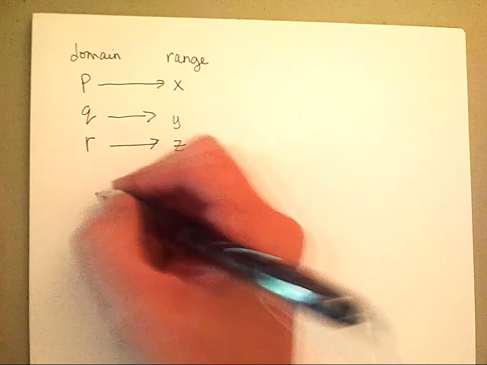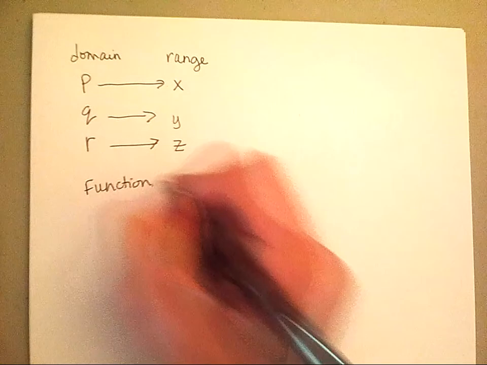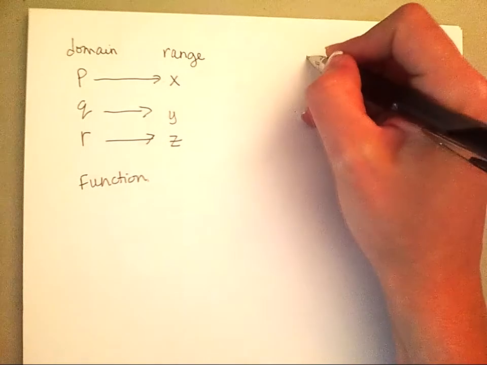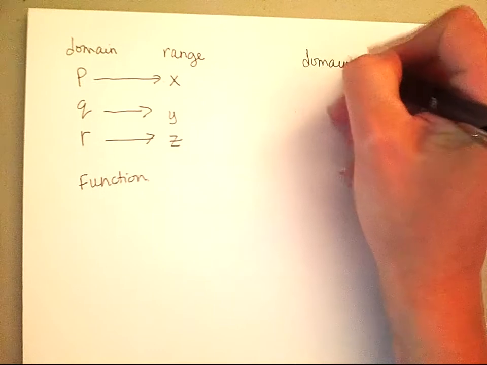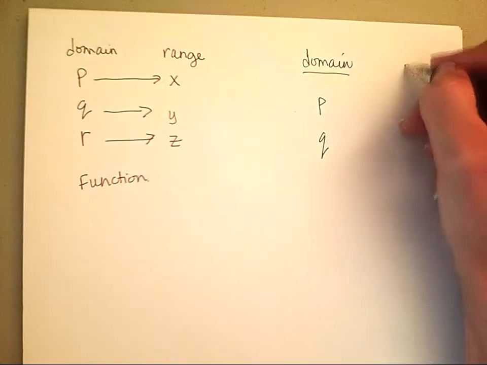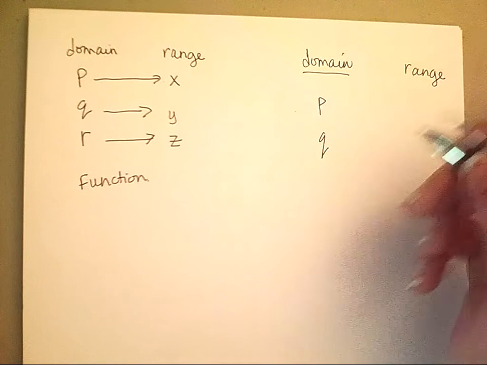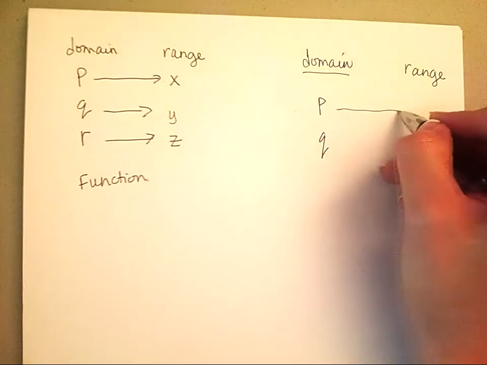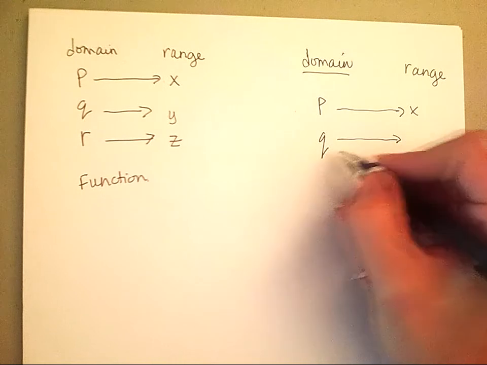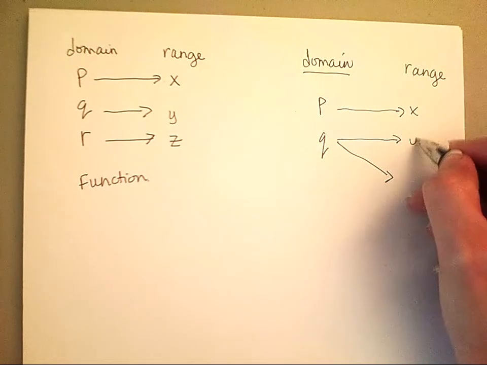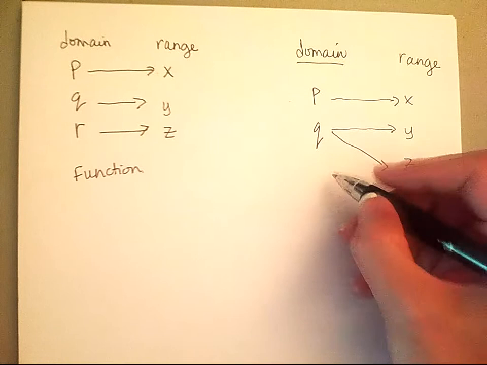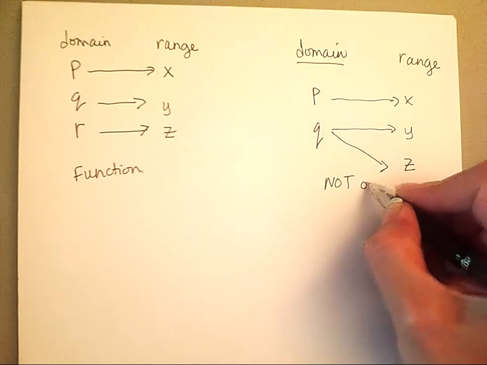Okay. This mapping is also a function. Here's another. Let's say in the domain there's P and Q, and that P goes to X, and that Q goes to two separate values, Y and Z. Now this is not a function.